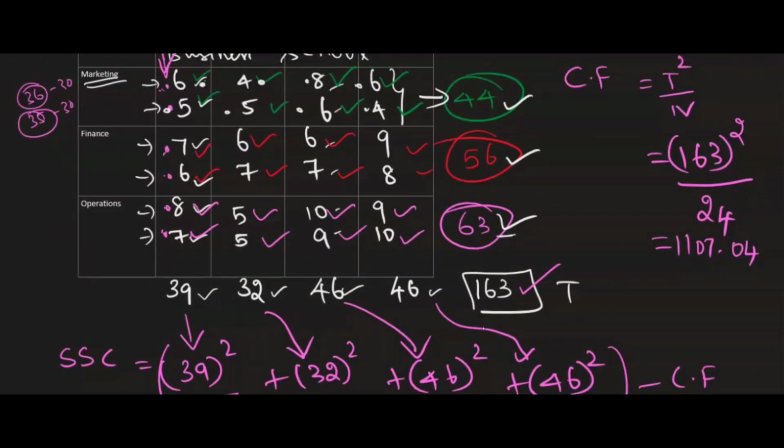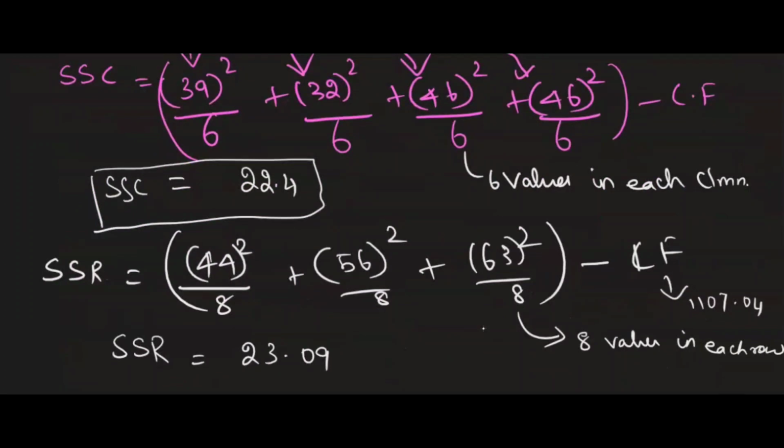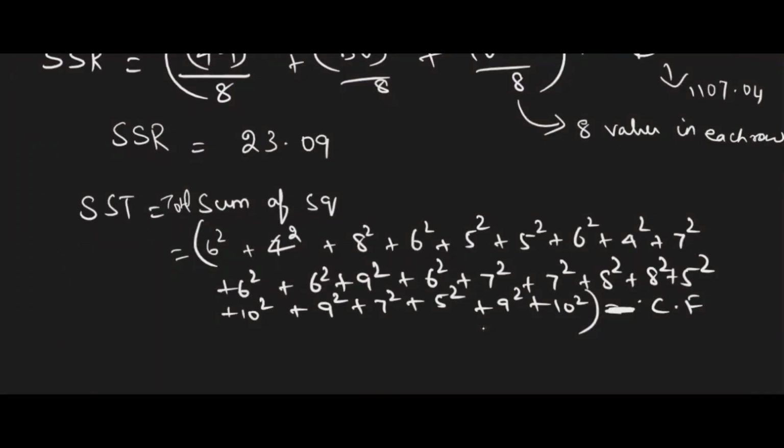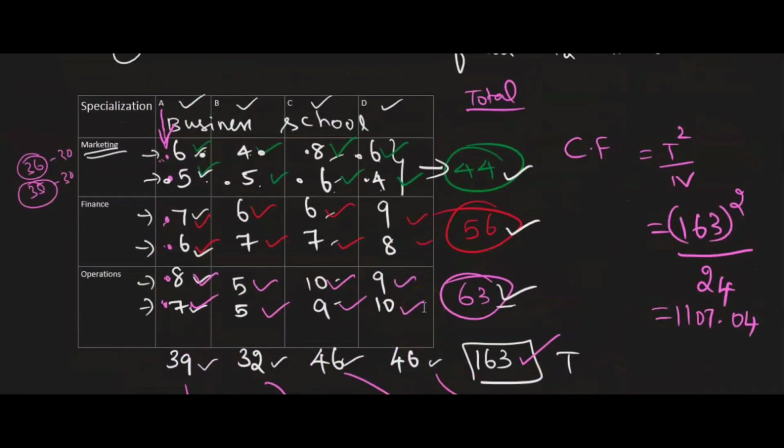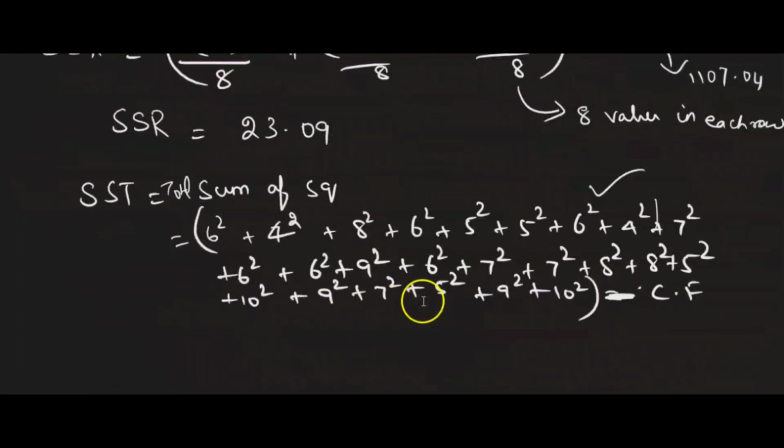So 6 square plus 4 square plus 8 square plus 6 square plus 5 square plus 5 square plus 6 square plus 4 square. This contains the first row. And then the second row starts from 7 square, the first value, and 8 square is the last value.